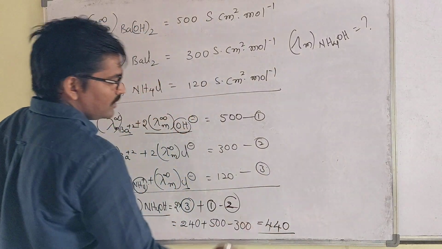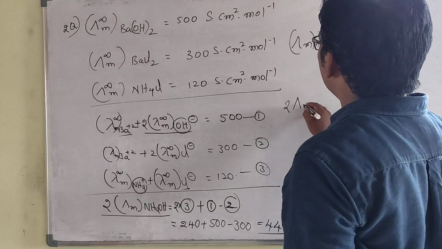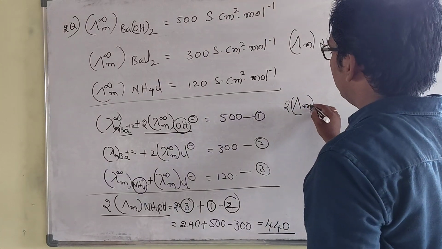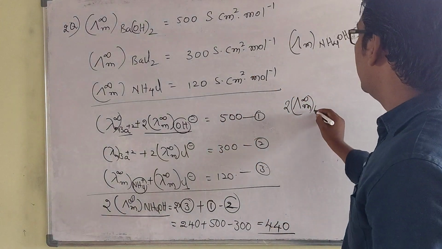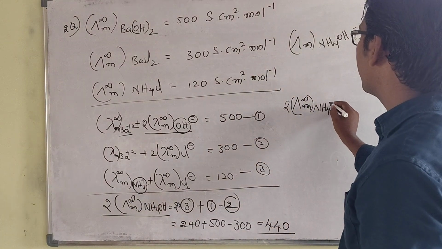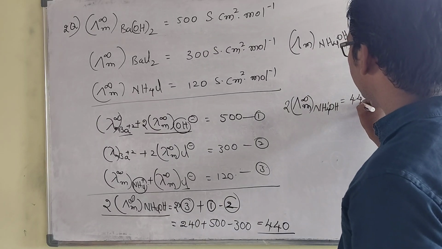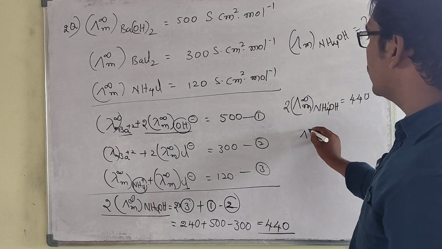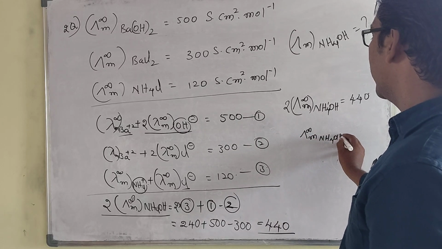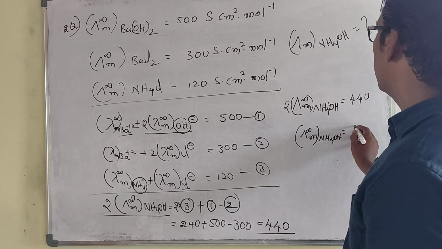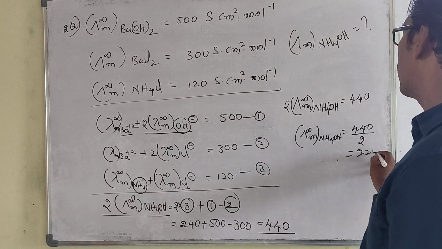So 440 is the limiting molar conductance for 2 NH4OH. For 1 mole, the limiting molar conductivity of NH4OH is 440 divided by 2, so 220 is the correct answer.